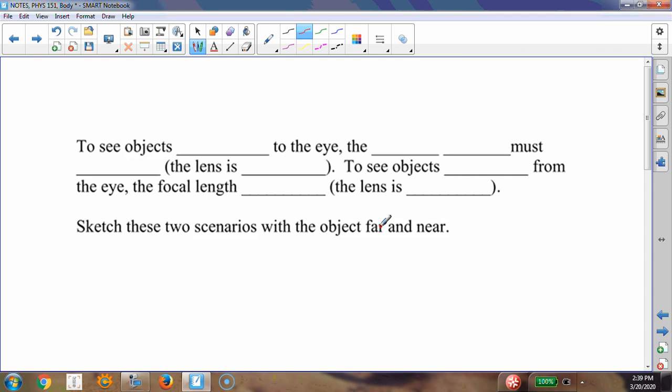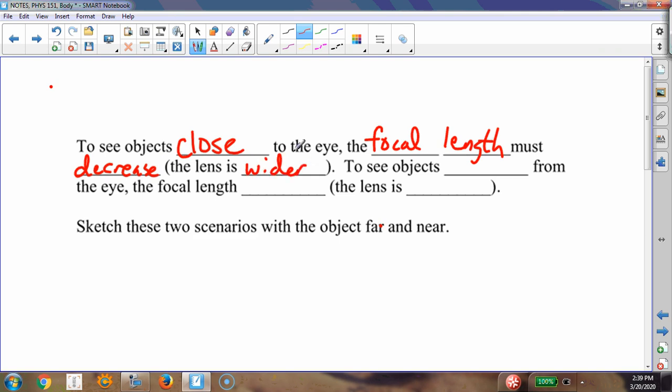So to see objects close to the eye, the focal length must decrease. That means that the lens is wider in the middle. To see objects far from the eye, the focal length must increase.